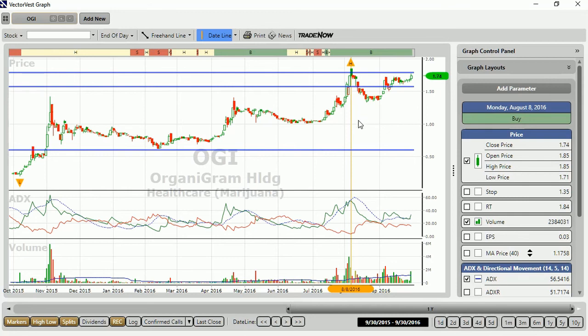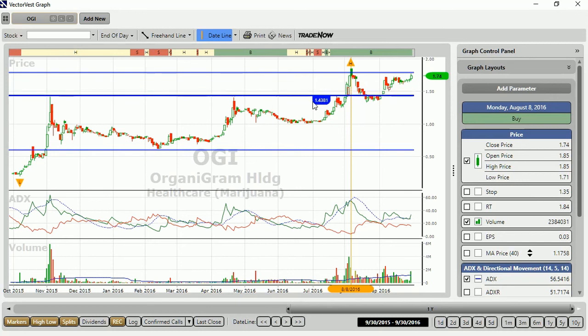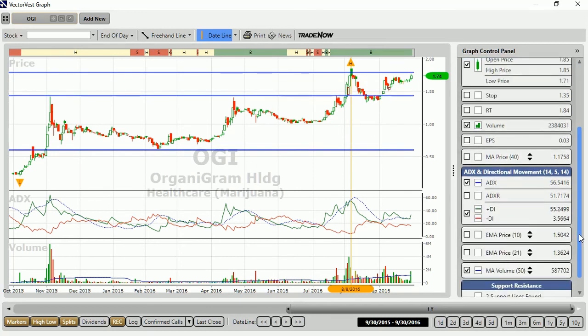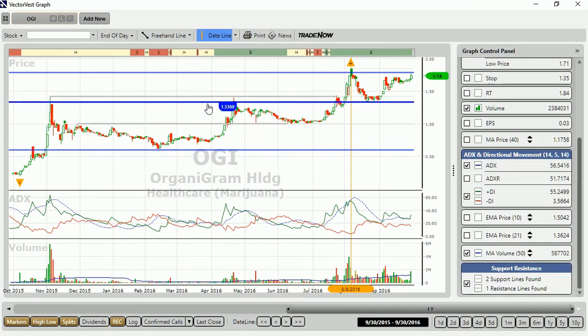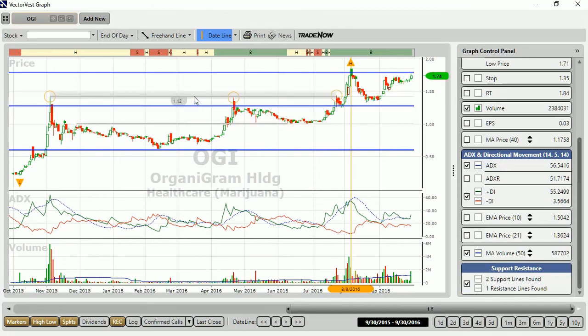And then the most important part, we have to figure out if the trade goes against us, where are we going to set our stop or our exit price? When are we going to get out of this trade? There are a few ways you can approach it. For example, I've got support and resistance on here, I believe, so I can left click on that. And actually right where I drew my line is a recent support area at $1.42.